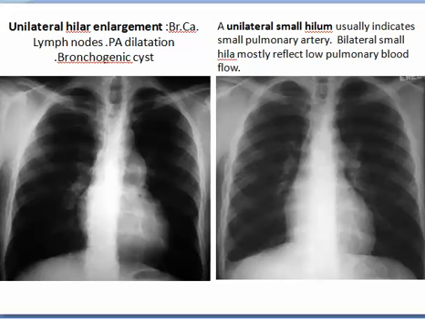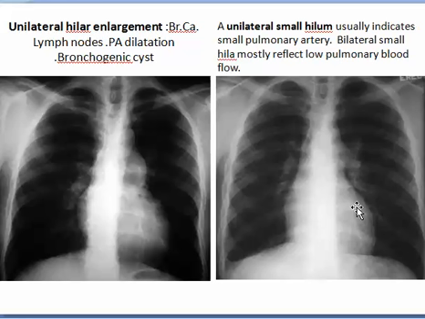Here is another case. On the left there is pulmonary artery dilatation, but this could be lymph node, could be bronchogenic cyst, could be bronchogenic carcinoma. So these are the causes of unilateral hilar enlargement.